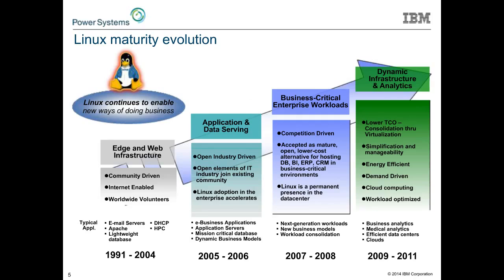From 2005, 2006, we started to have this explosion of web servers and additional application web servers, the whole client-server architecture. Linux was a key part of that environment in the mid-2000s, continuing to filter 2007, 2008 into the business-critical enterprise workload environments, and now very much not only driving the dynamic infrastructure, it's key to the cloud.